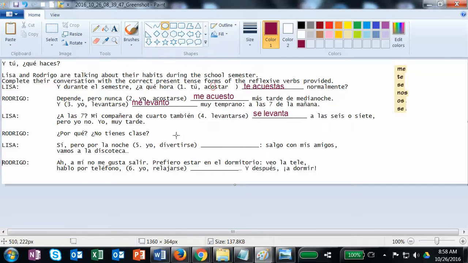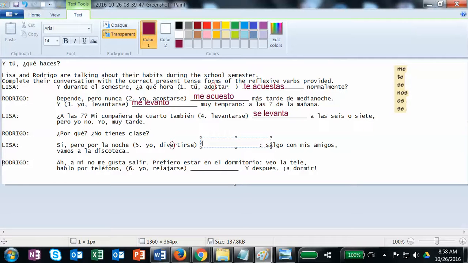Divertir is an E to I stem changing verb, and we have to make that change because our subject is yo. It only can't be made if we have nosotros or vosotros. So this is our diver. It starts with an E to I, so divier. And then we add the O, divierto.